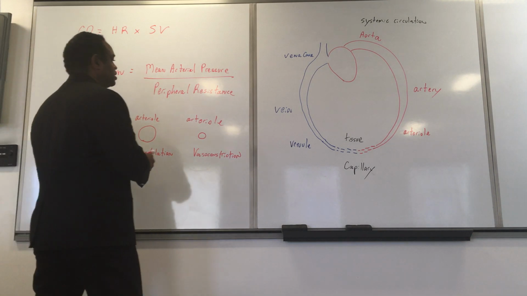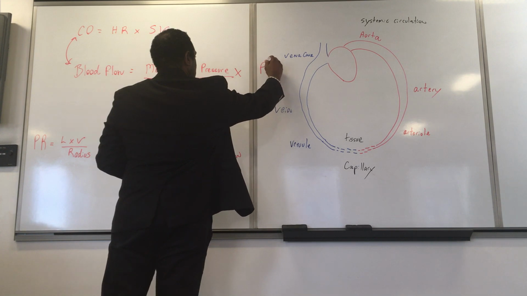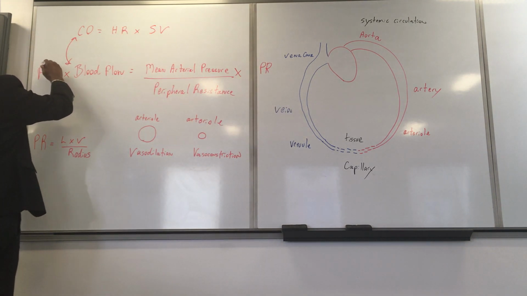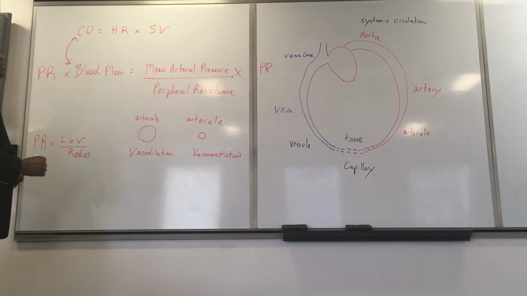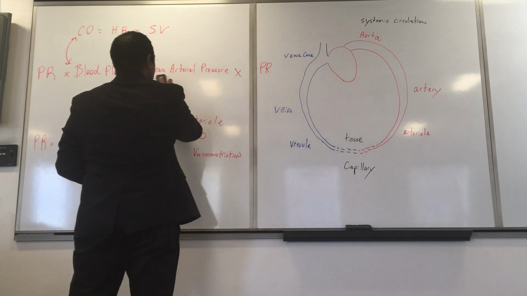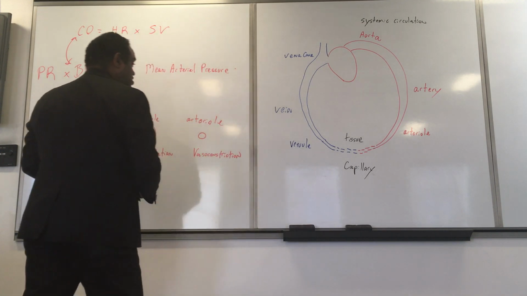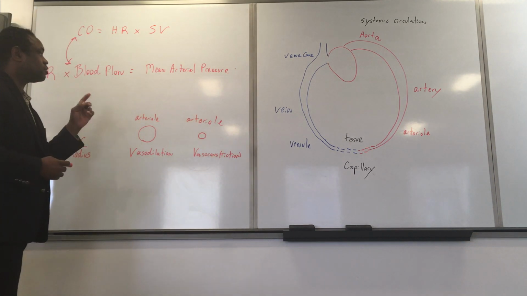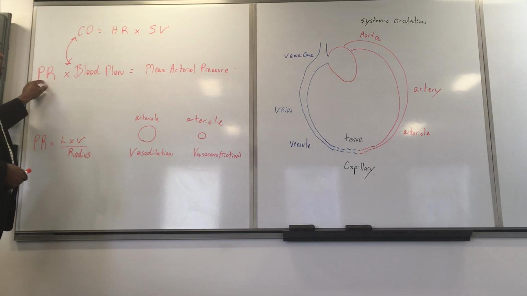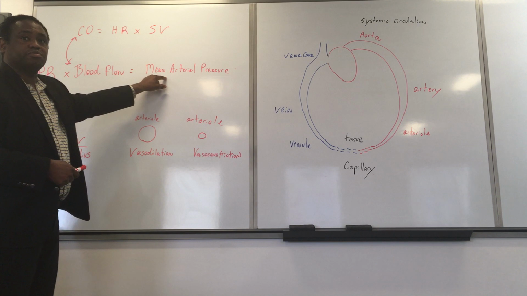If I multiply peripheral resistance on both sides of the equation, I can cross out the peripheral resistance over here, and now I have an equation that solves for mean arterial pressure. Peripheral resistance multiplied times blood flow gives me mean arterial pressure.